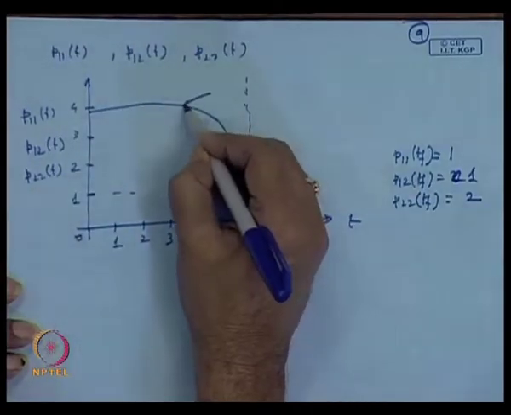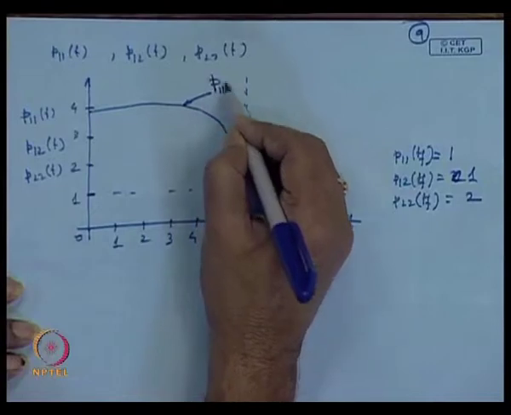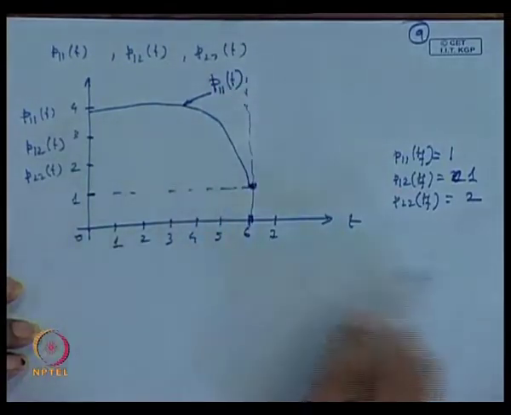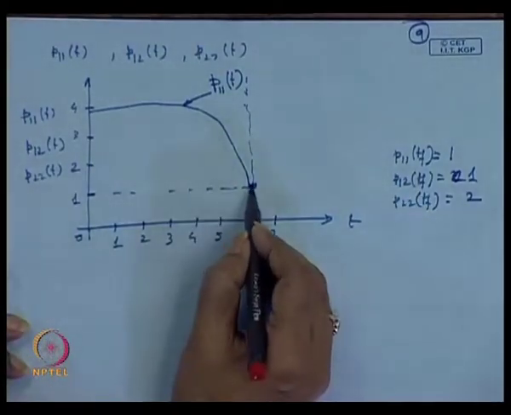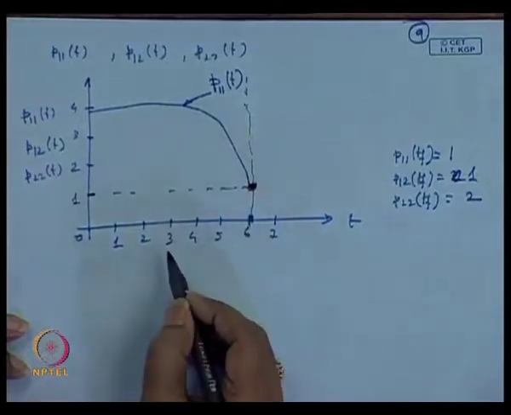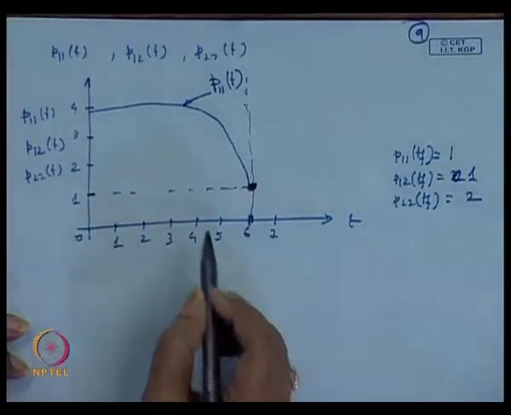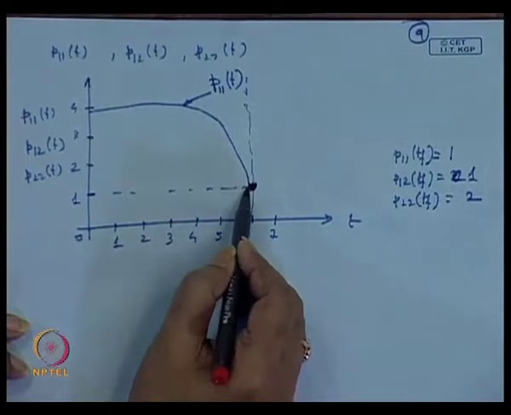This is corresponding to P 1 of t, and P 12 of t also starts from here, with a solution something like this.